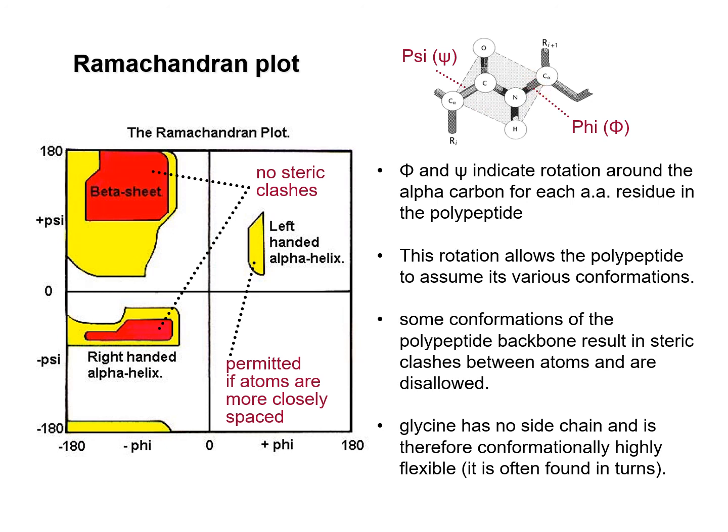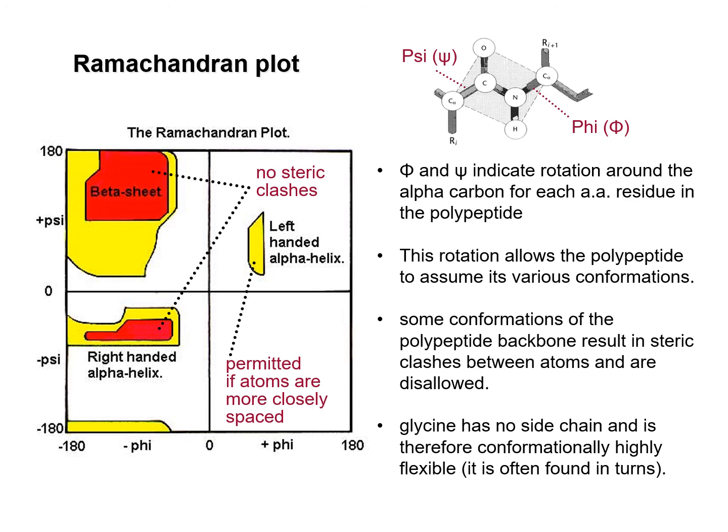This phi and psi value indicates the rotation around the alpha carbon for each amino acid residue in the polypeptide, meaning that whenever you have an alpha carbon, you're going to have a phi and psi value for those residues too. So by having all the information about these phi and psi values, you can simply build this polypeptide into the secondary structure pretty easily, and the 3D structure too.